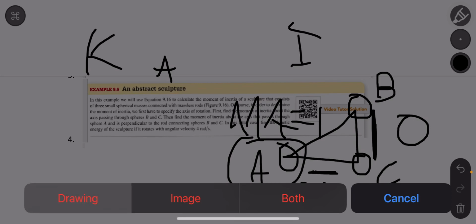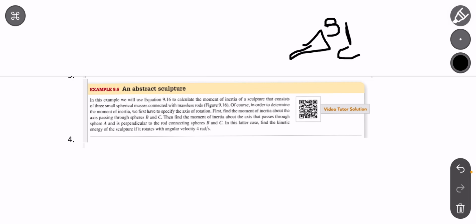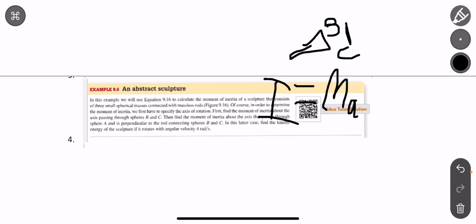After we understand that, between B and C there's a rod that's not really helping with the inertia. We can do it with the equation M_A R_A squared plus M_C R_C squared, because B is not really helping.